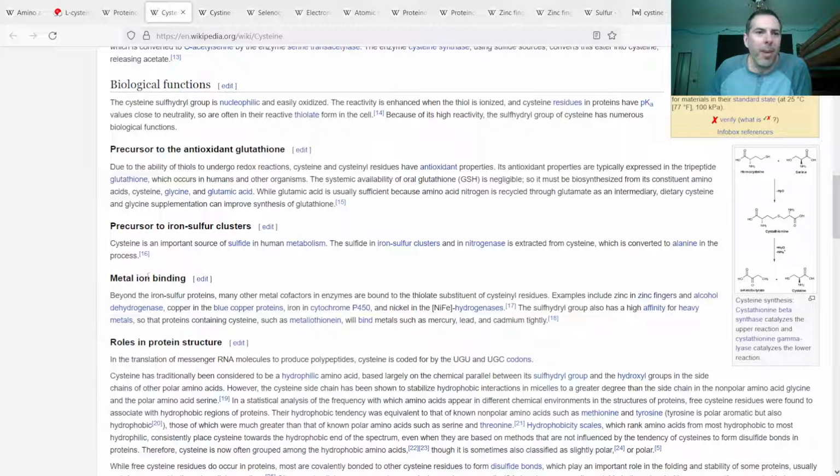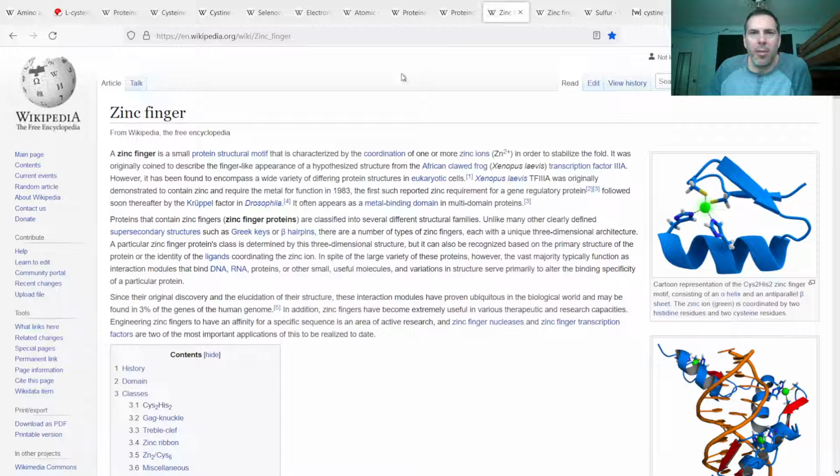It can help bind to metal ions and various other things. We did see it with the zinc fingers. The 4 amino acids that help hold the zinc ion in place are 2 histidines and 2 cysteines. So the cysteine would probably be negatively charged in that environment, I would assume, and the histidine would be slightly negative from a polar charge.